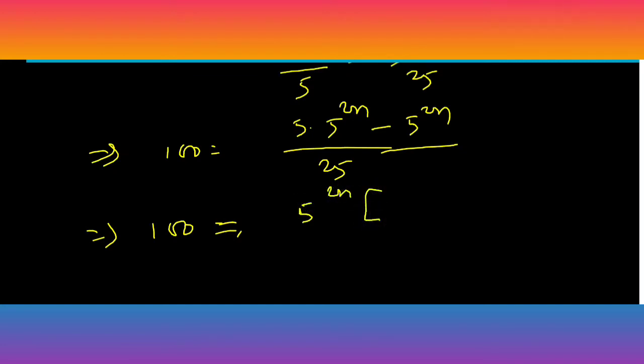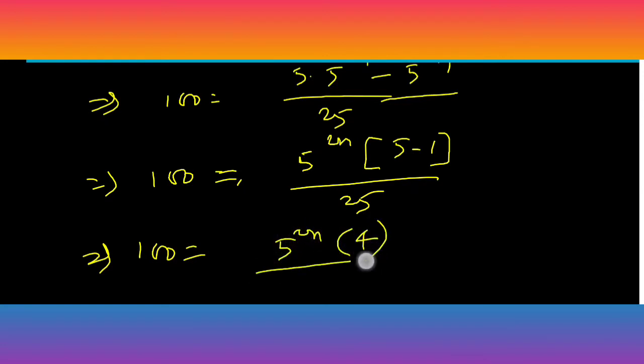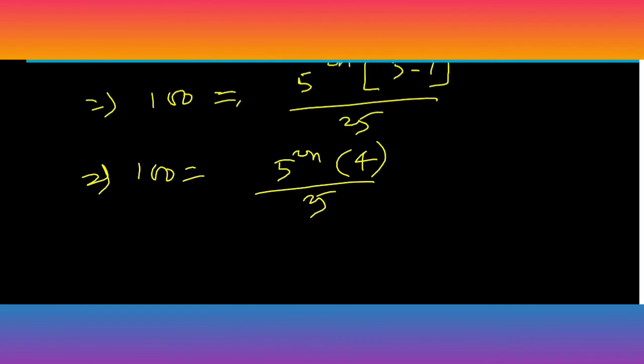By taking common 5 to the power of 2n, here is 5 minus 1, okay, by 25. Okay, so next 100 is equal to 5 to the power of 2n into 4 upon 25, right? So here 4 ones are and 4 twenty-fives are.